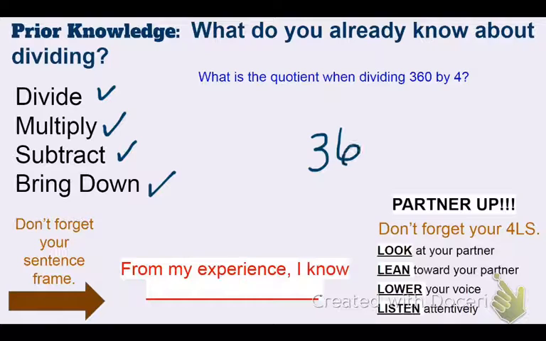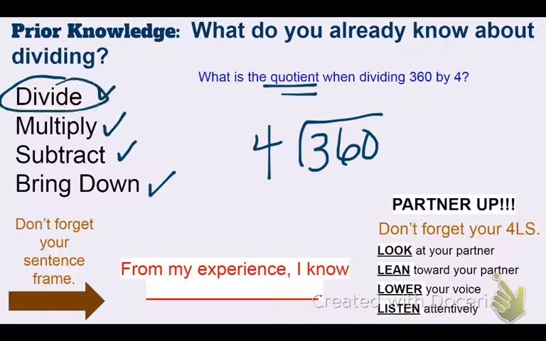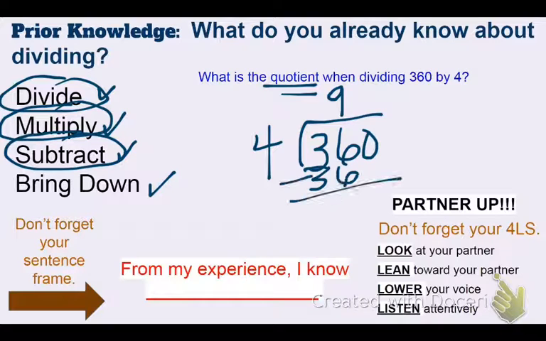So what is the quotient, or what is the answer when we divide 360 by 4? Well, we know the first step is divide. 4 divides into 36 9 times. There's going to be 9 in each of those 4 groups. Next, I'm going to multiply. 9 times 4 is 36. I can go ahead and subtract 36.